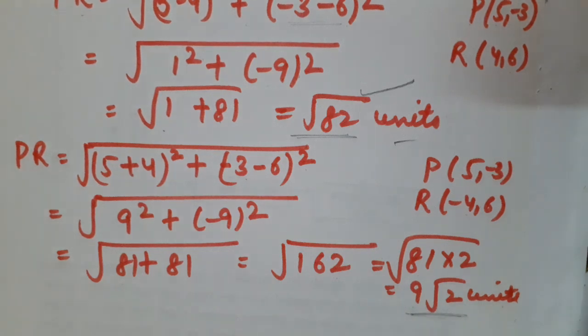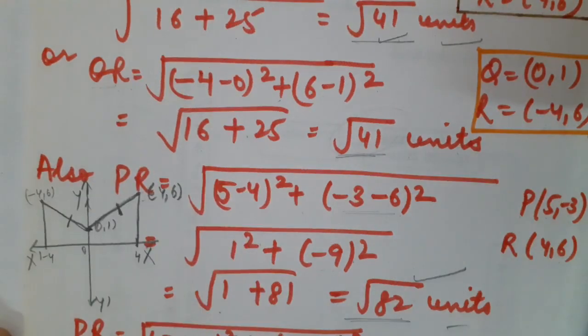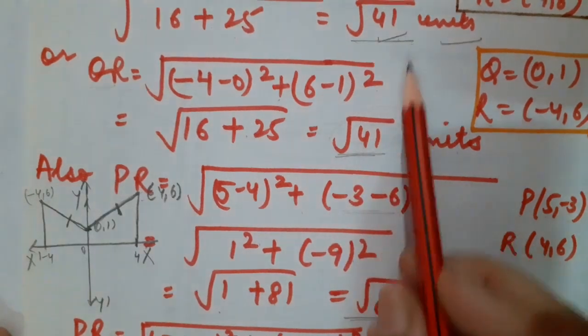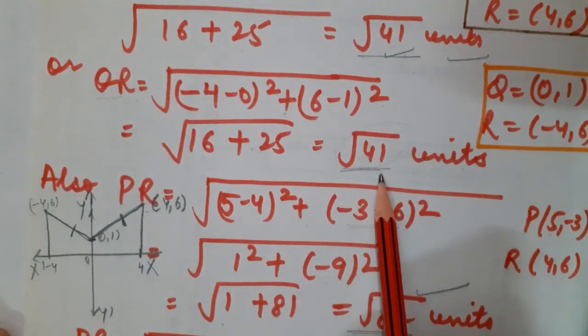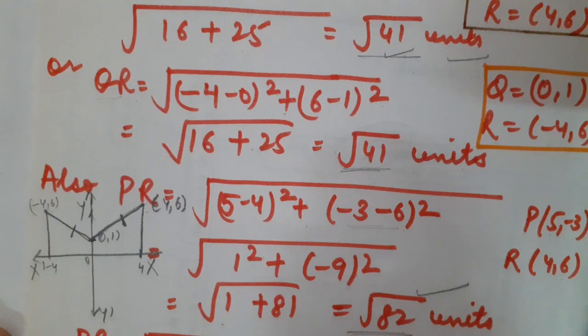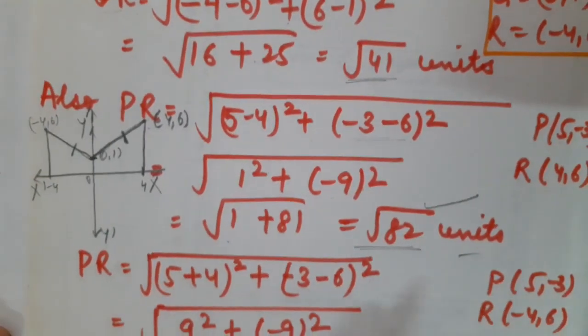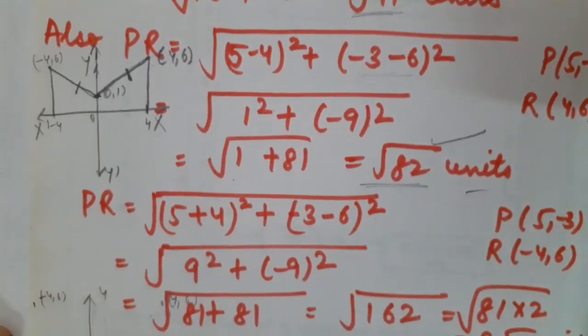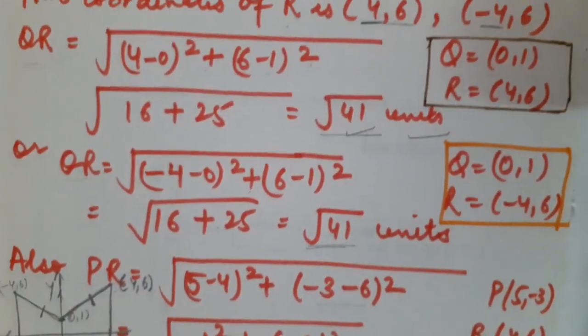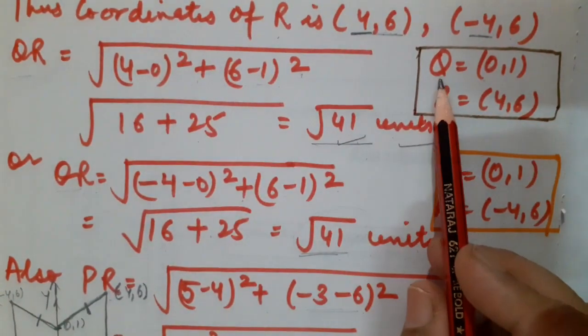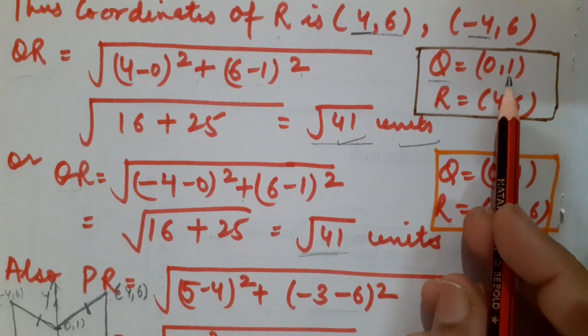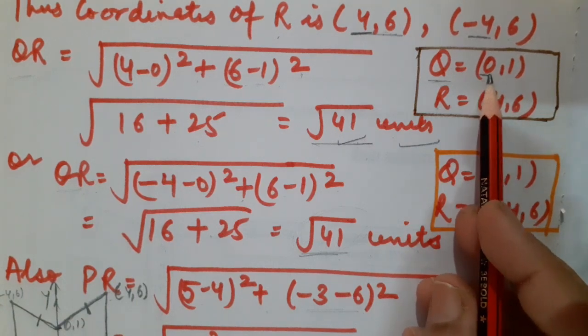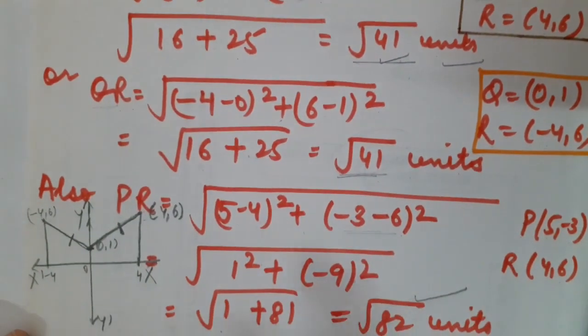Correct, students? Okay, let me add one more point related to that: why we were getting the same distance here though the quadrants were going to be changed, and why were we getting different distances there, again the quadrants were going to be changed. Children, have a look over here. What are the coordinates of point Q? That is 0, 1. So if the x coordinate is 0, definitely the point will be plotted on the y axis.